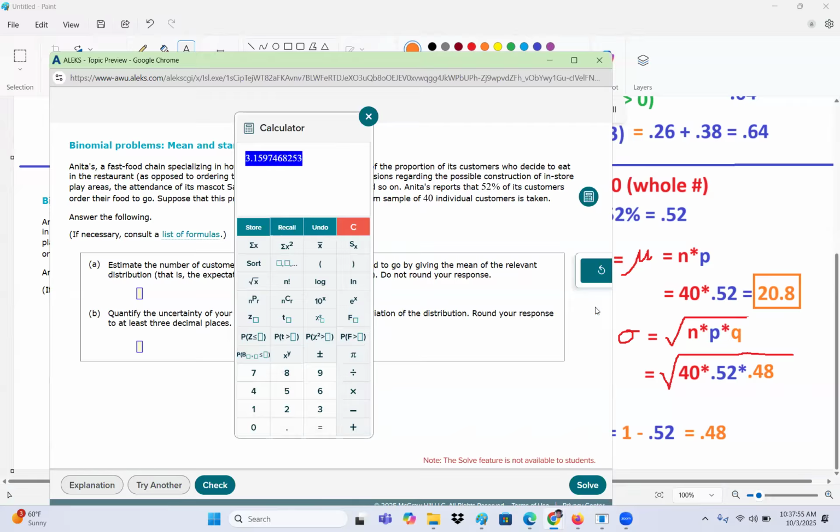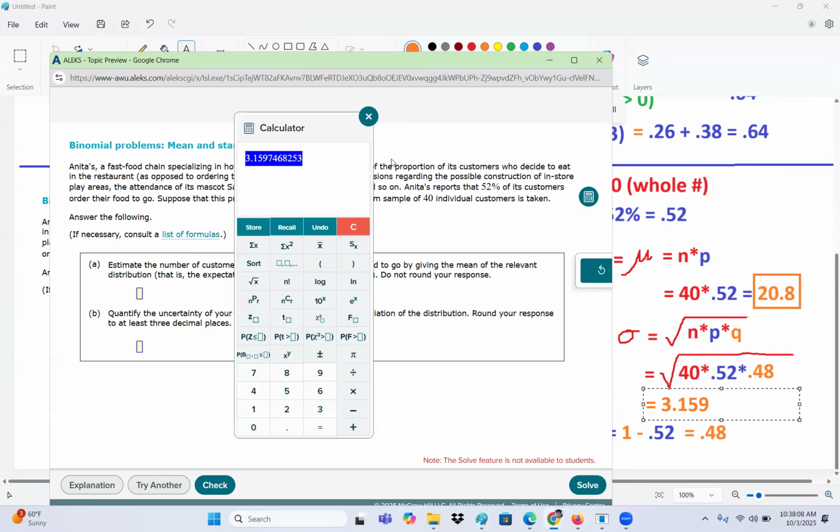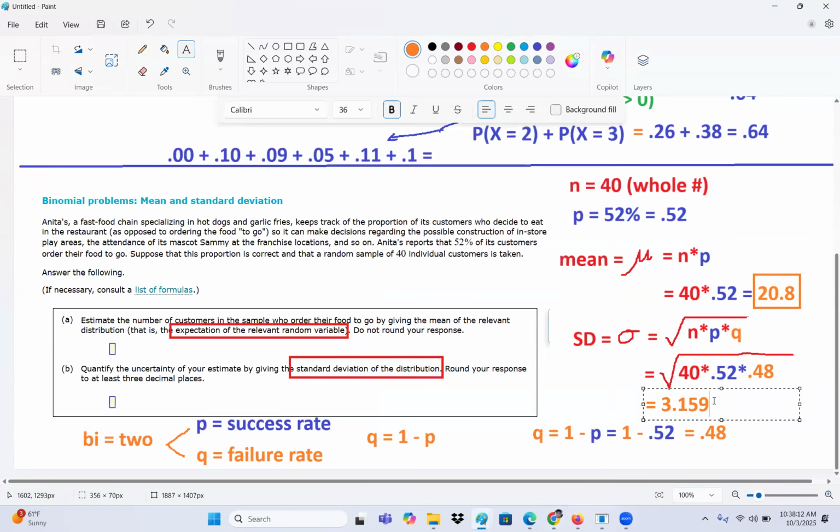So you get like 3.1959. It's just 3.16, round it to 3 decimal places. As simple as that, we just plug that in. So the answer is 20.8.